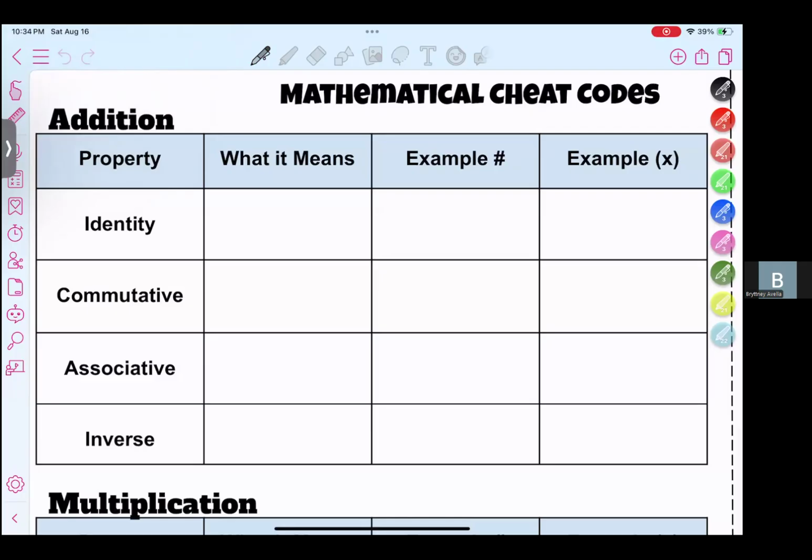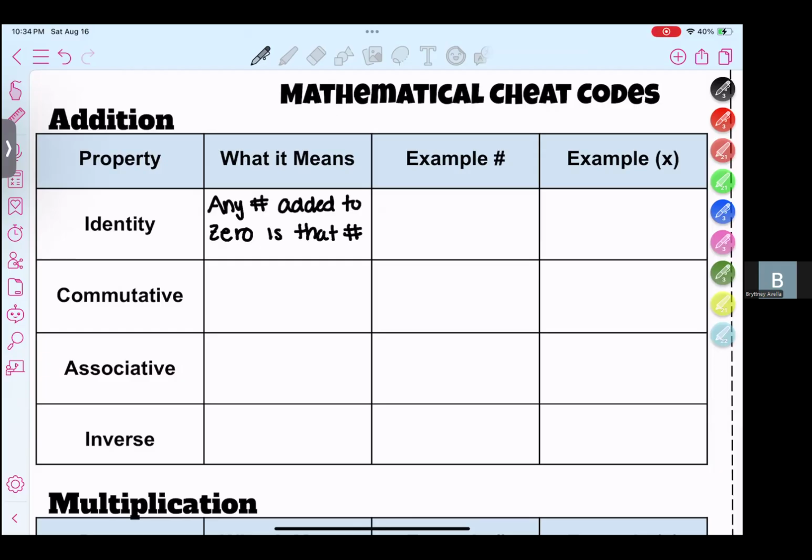So we're going to talk about our addition properties first. We have the addition property of identity, which is basically saying that the sum of zero and any number is that number. Or we could just say any number added to zero is that number.